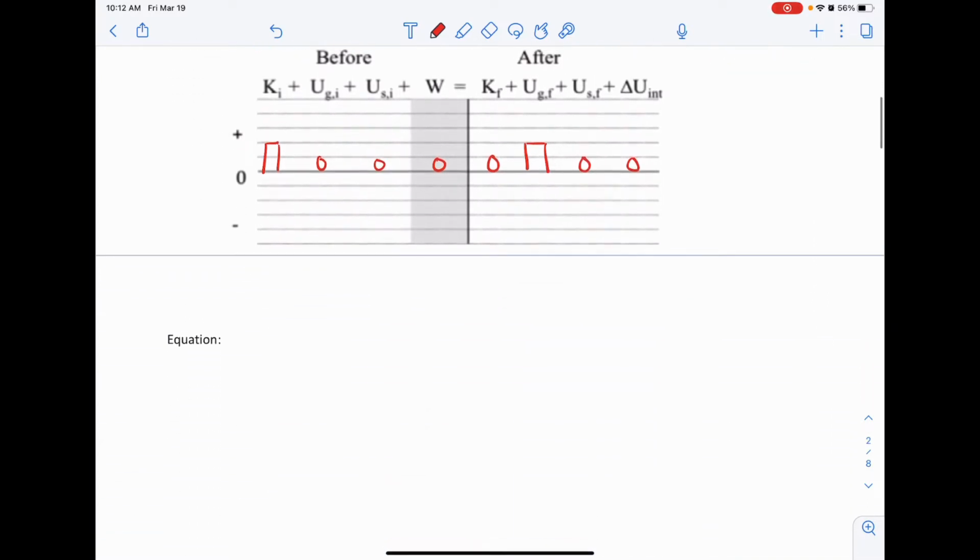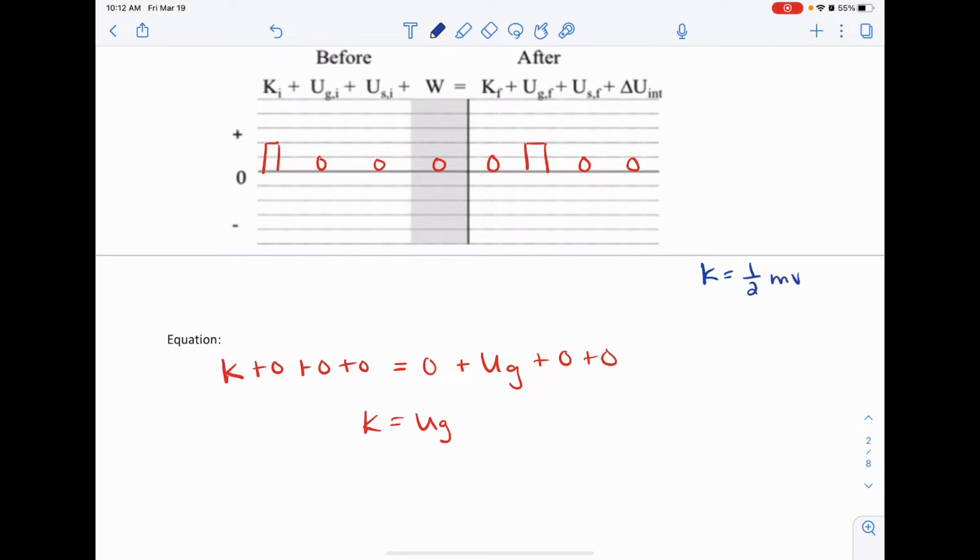Now, I want to make an equation based on this bar chart. I'm going to say, okay, I have kinetic plus 0 plus 0 plus 0 equals 0 plus gravitational plus 0 plus 0. So this is the equation I made based on my bar chart. Now I can simplify this to just kinetic equals gravitational. If you look back at your notes, we know our equation for kinetic is 1/2 mass times velocity squared, and our equation for gravitational is mgh, mass times g, which is 9.8, times the height.